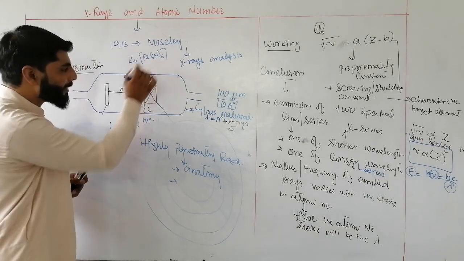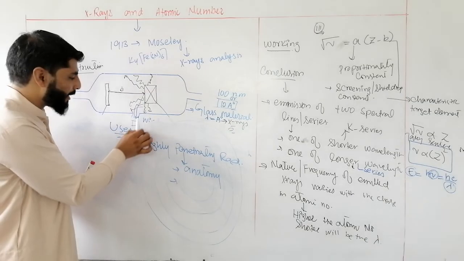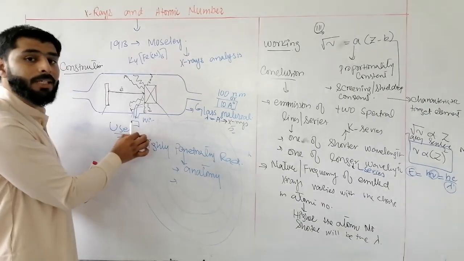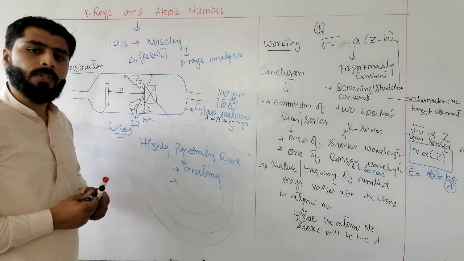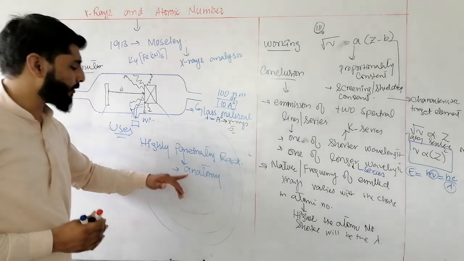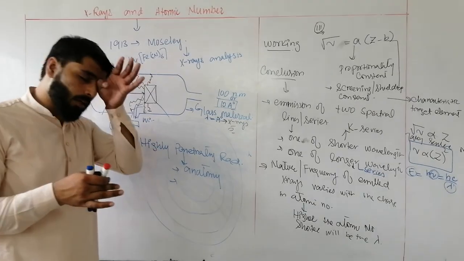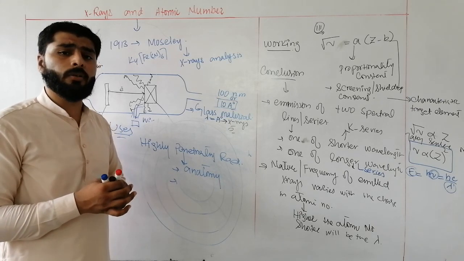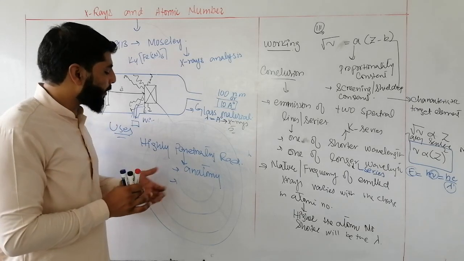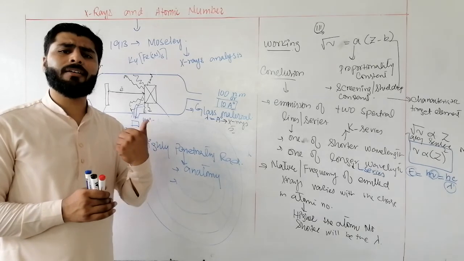When this crystal is placed in the path of X-rays, there will be the production of a shadow. So when a hard object or a crystal is placed in the path of X-rays, a shadow is produced. You are all aware of X-ray graphs.